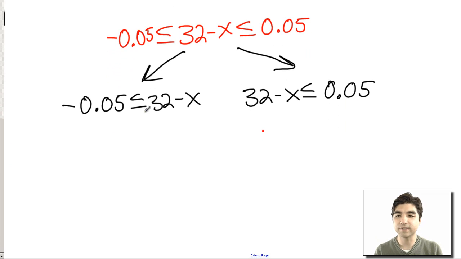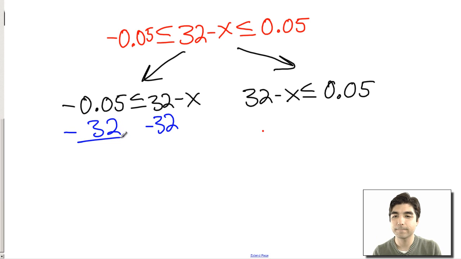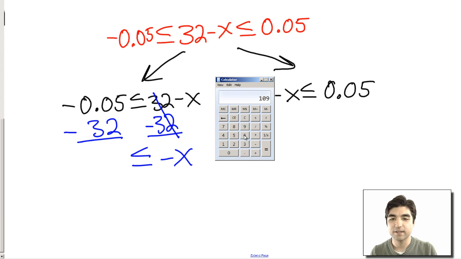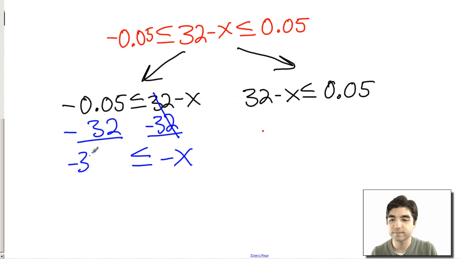So then we need to solve this. We need to subtract 32. That cancels out, and we get negative x is less than or equal to negative 0.05 minus 32. Negative 0.05 minus 32 equals negative 32.05.